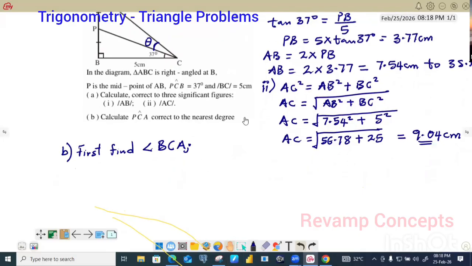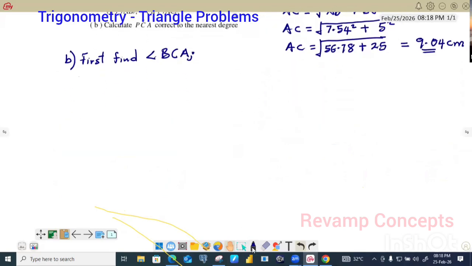And to make our work easier for us, we can say tan of 37 plus theta degrees, and tan of 37 plus theta will be equal to our AB, which is 7.54 over BC, which is 5, according to the diagram.